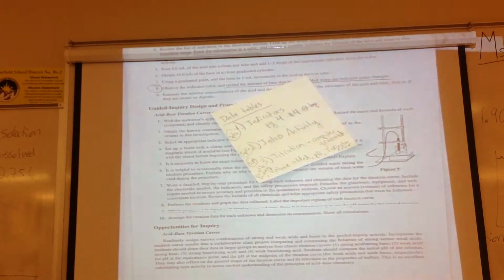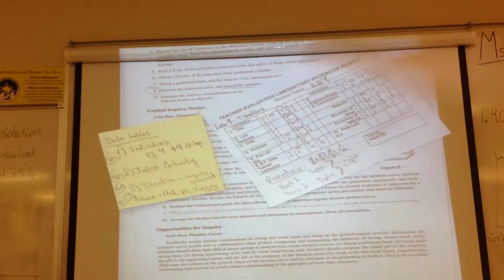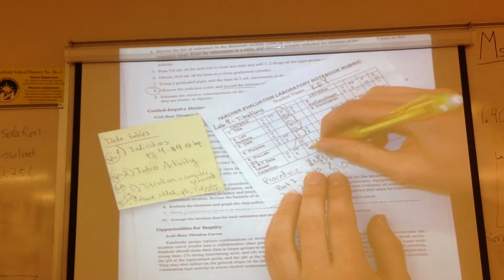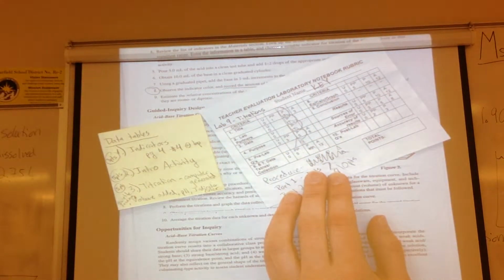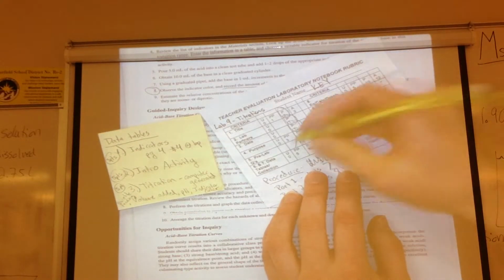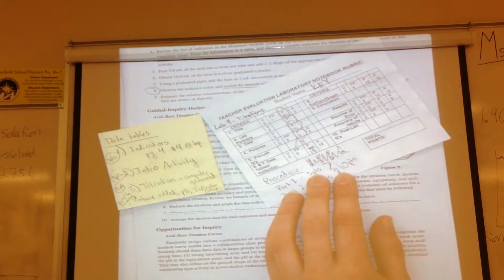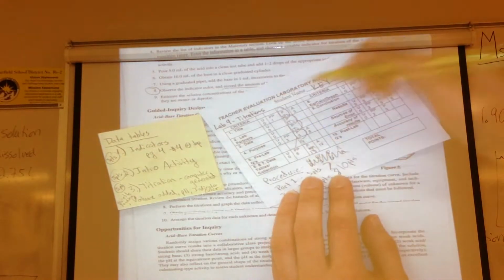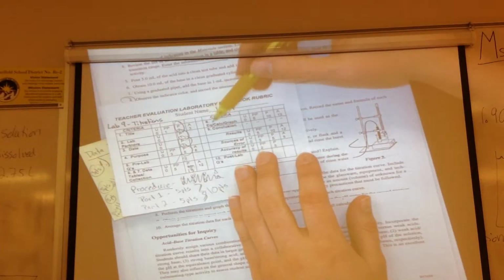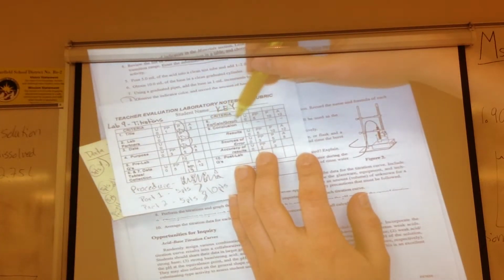So on your rubric, your data tables actually come to 13 points, not 10. So we've got a couple more points in our data tables for those 3. Now, for the equations, calculations, and graph part.